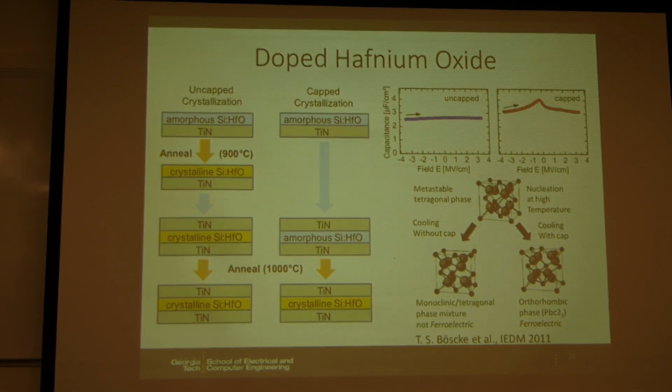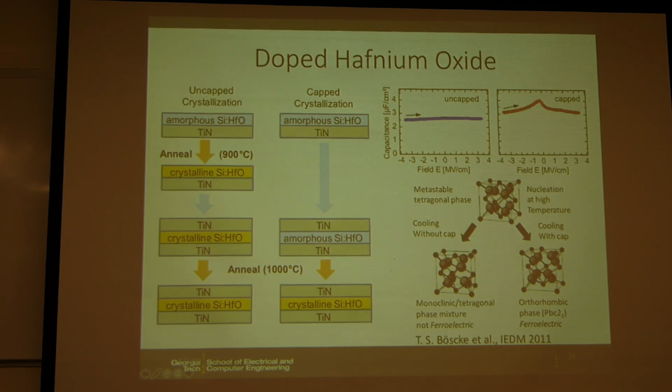Now I'll talk about this CMOS compatible ferroelectric material, doped hafnium oxide. If you anneal this sample without the top electrode layer, this material will crystallize and form the monoclinic or tetragonal phase, which is not ferroelectric.